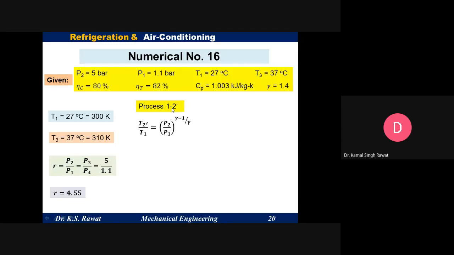So now we have the value of T1, we have the value of pressure ratio, and we also have the value of gamma. So if we put the value, we will get T2 dash upon 300 equals 4.55 to the power 0.286. Now tell me the value of T2 dash.